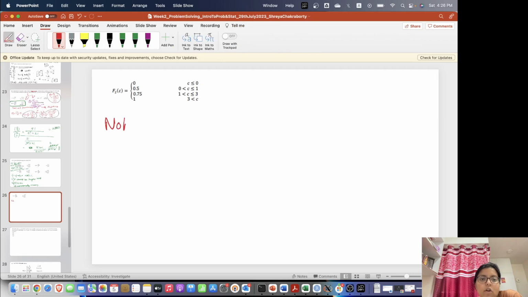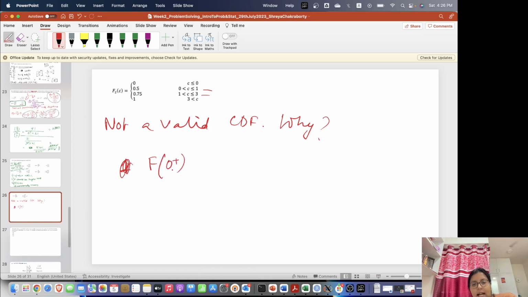F2 is not a valid CDF. Why? See, here and here we have some problem, and everywhere else also. F0 plus, when x is slightly greater than 0, the value is 0.5, which is not equal to F0.